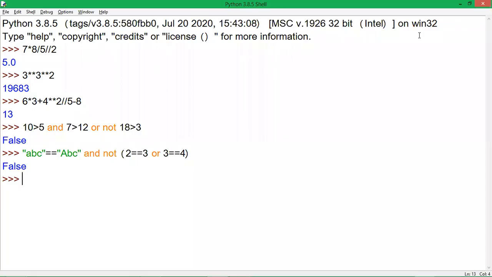Now we'll execute the expression: length of 'hello' equivalent to 25 by 5 or 20 by 10. So it gives the result as true.